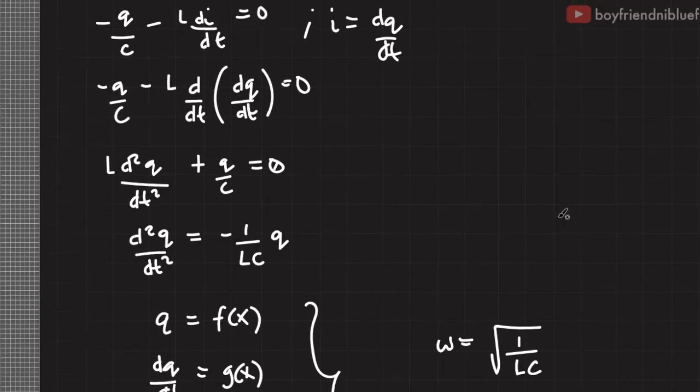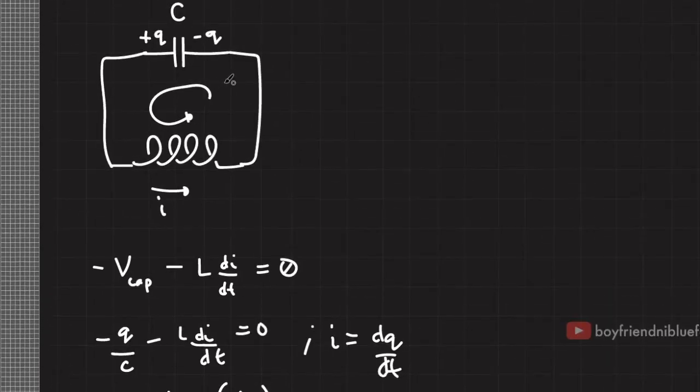So in our case, this is actually an oscillating circuit because when the capacitor discharges, it will produce a current that passes through the inductor. But by the time that this system reaches a steady current, it already produces a magnetic field inside it.